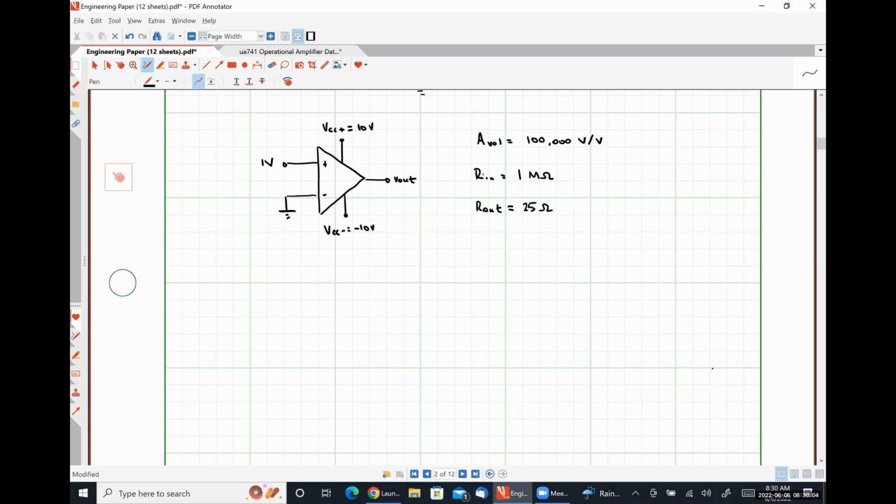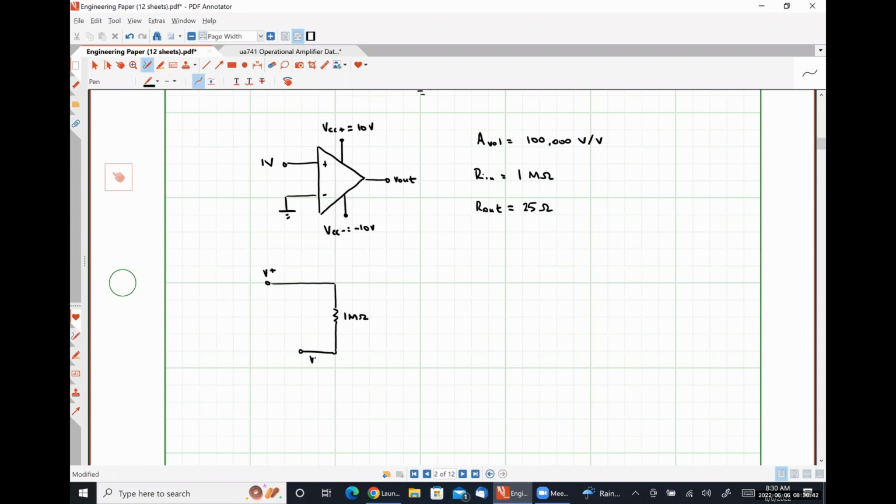So what I'm going to do now is redraw this circuit using our practical op-amp model. How I choose to do this is I start with the op-amp first and then make all of the other connections as are necessary. So here's my non-inverting input. Here's my input resistance of 1 mega ohm.